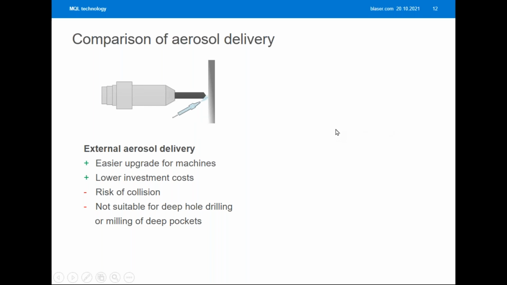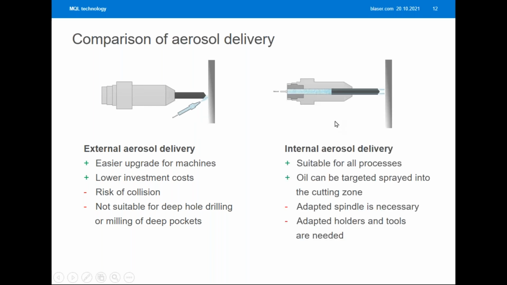An internal aerosol delivery is suitable for all processes if the tools are optimized, and the oil can really be brought into the cutting area. So this is especially for deep hole drilling, for example, where internal delivery with the right tools is key to make the process right. But also the air flow through the tool helps with the chip transport.